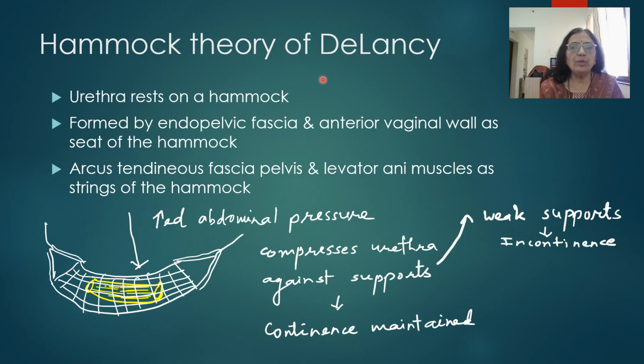So what is this hammock theory of DeLancey? This is like a hammock, and the urethra is resting on a hammock which is formed by endopelvic fascia and anterior vaginal wall.